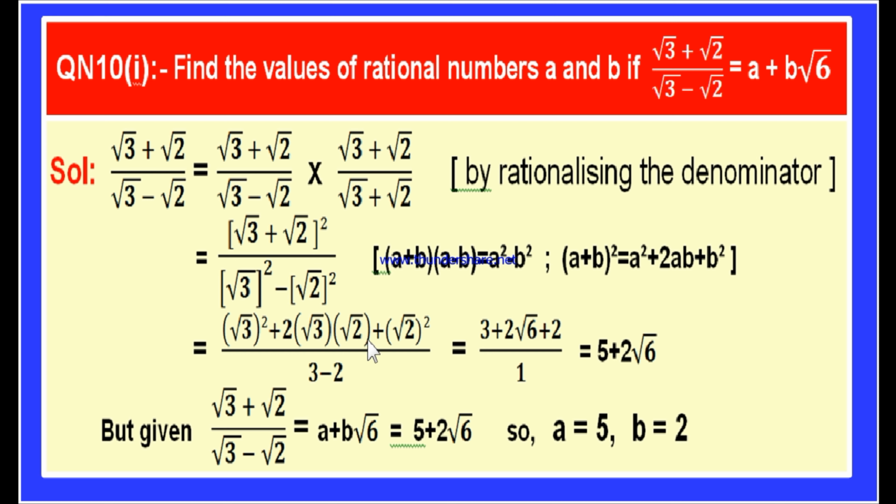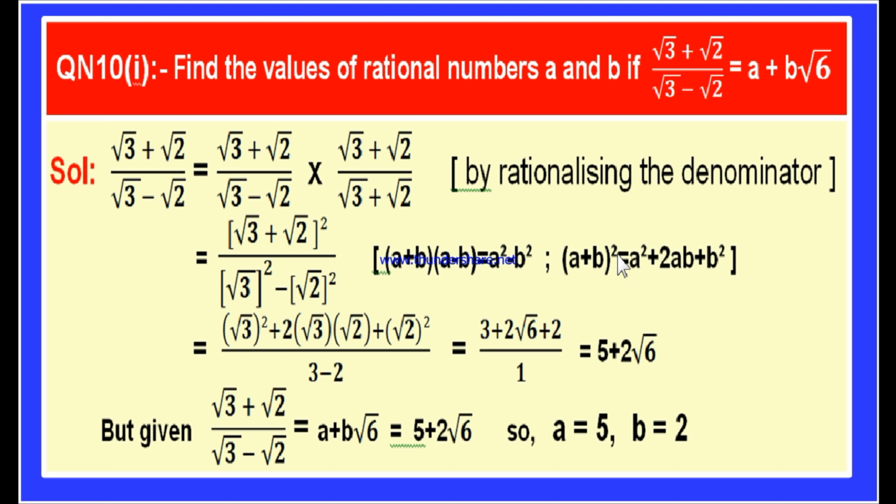Now, let us simplify the numerator. Root 3 whole square is 3 plus 2 into root 3 into root 2, root 6, plus root 2 whole square is 2. Now, what is 3 plus 2? 3 plus 2 is 5 plus 2 root 6, divided by 1 is 5 plus 2 root 6.